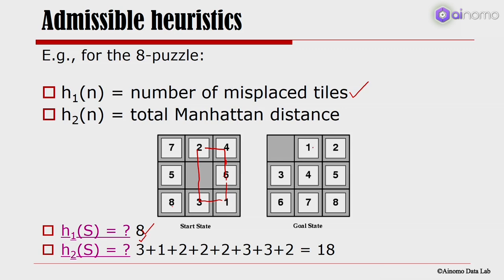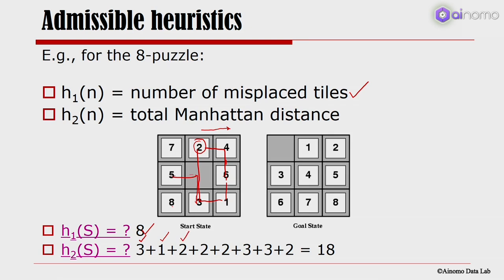Number 2 in the current state would only need one move to reach the goal position. So only one move. Number 3 is here, and in the goal it is on the left middle. So I should be able to move 3 here and go one step this side. So I have 1, 2, 2 steps for 3.